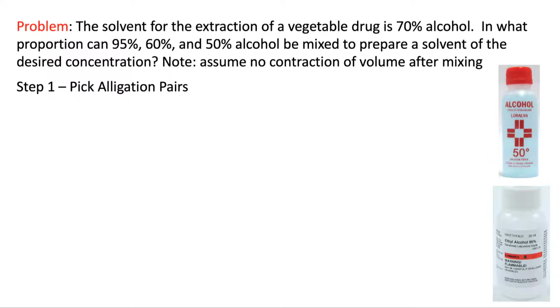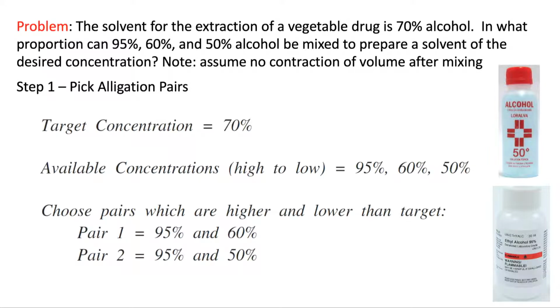We have three ingredients that we want to combine to make a target concentration of 70% alcohol. So the first step, when you have three or more ingredients to combine in an alligation, is to pick our alligation pairs. To do that, it's important to clearly state what your target concentration is, which in this case is 70%.